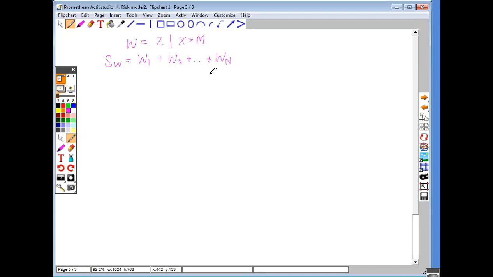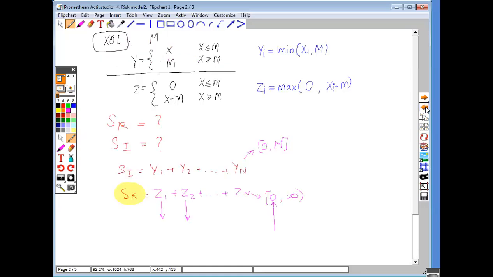So again, remember what we are now trying to do. When we started off today, we had a look at Z's and we had Y's, and this went all the way till n. So this is indeed the total number of claims that you observe as an insurance company.